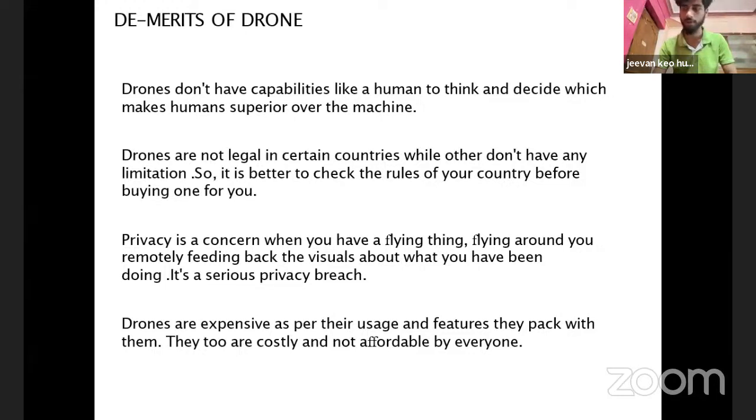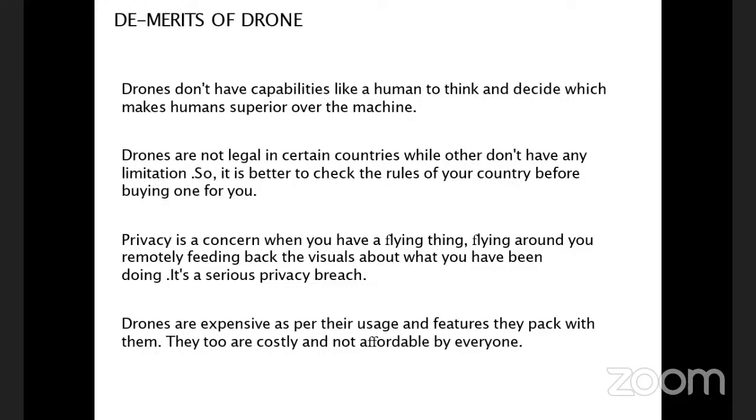What the man tells a drone, it will follow. Next, drones are not legal in certain countries, while other countries do not have any limitation. So it is better to check the rules of your country before buying one. This means that some countries have banned drones. So can you tell the names of the countries which have banned drones?